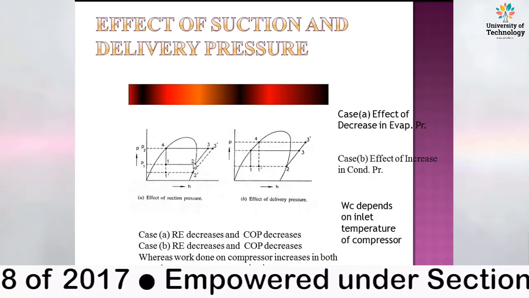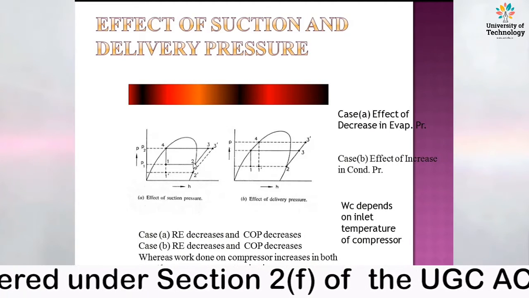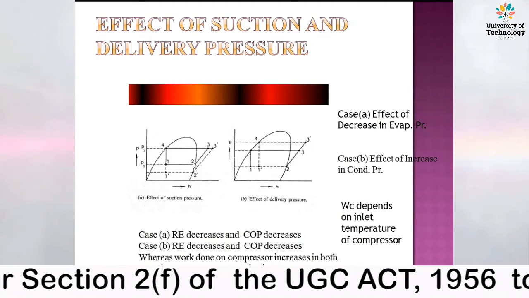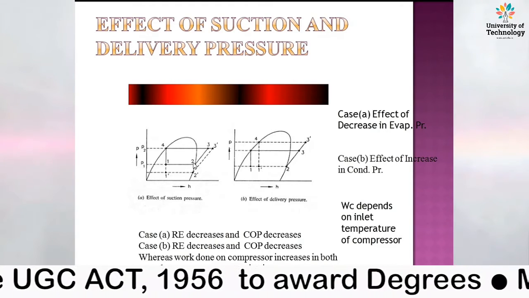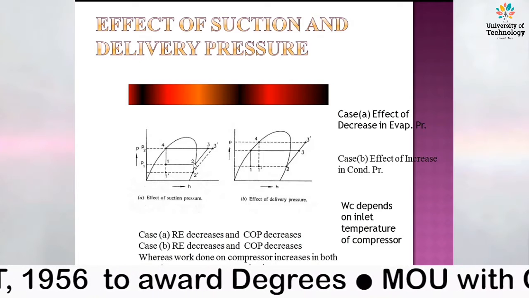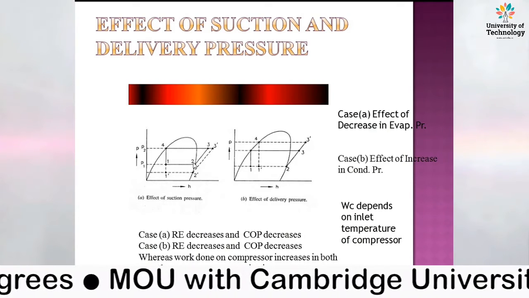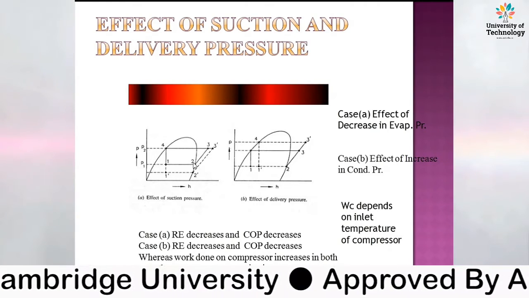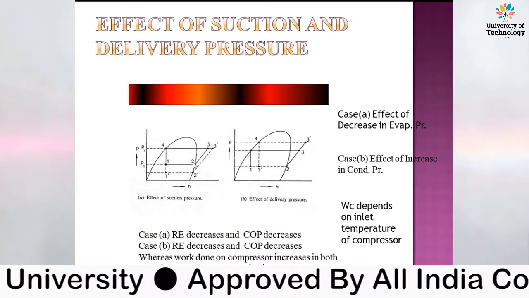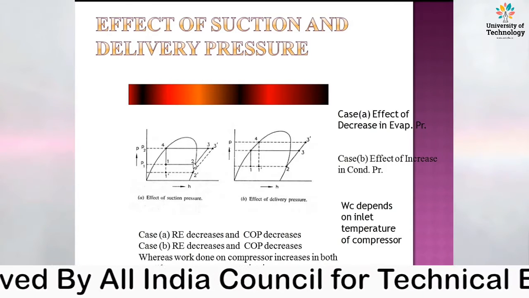By reducing the suction pressure or evaporator pressure, the pressure ratio increases. So what will happen by increasing the pressure ratio? The volumetric efficiency of the reciprocating compressor equals 1 plus C minus C times P2 upon P1 to the power 1 upon gamma.